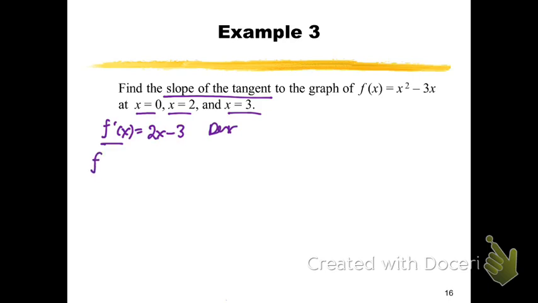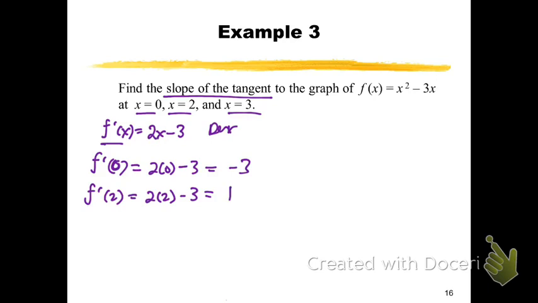If we do f prime of 0, 2 times 0 minus 3, it tells me the slope at 0 is negative 3. F prime at 2, 2 times 2 minus 3. The slope is 4 minus 3, 1. F prime of 3, 2 times 3 minus 3, 6 minus 3 is 3.